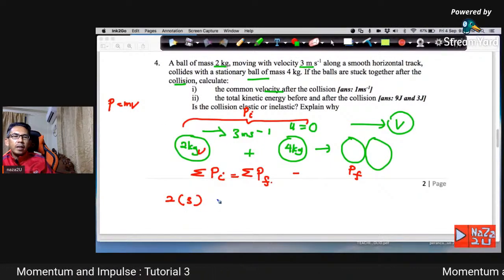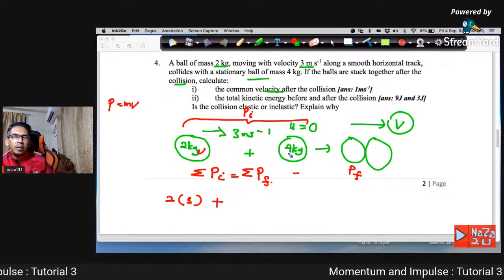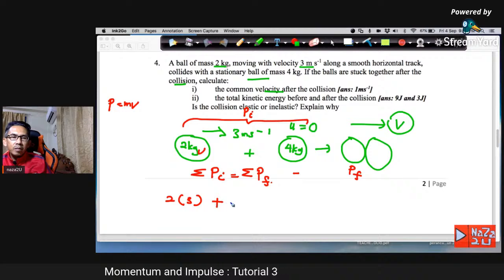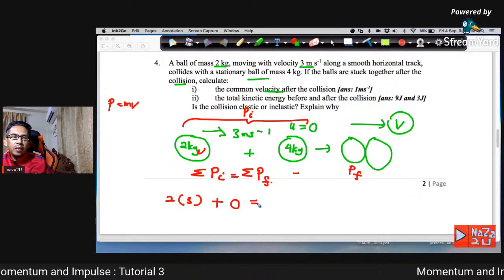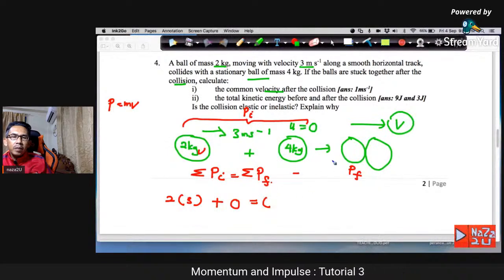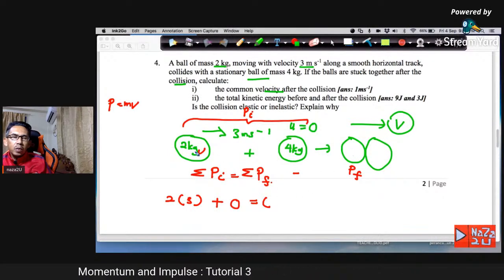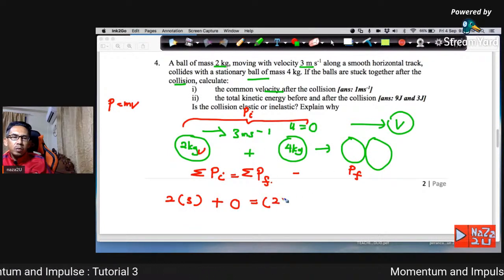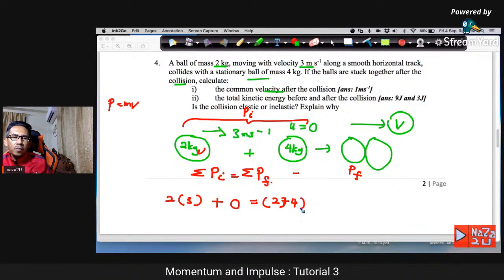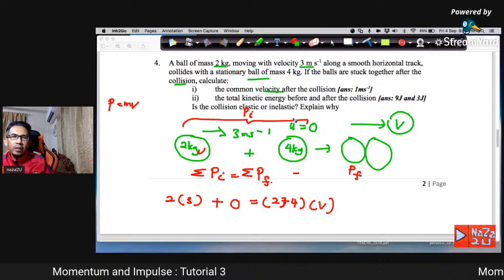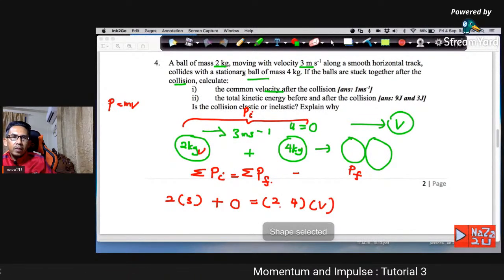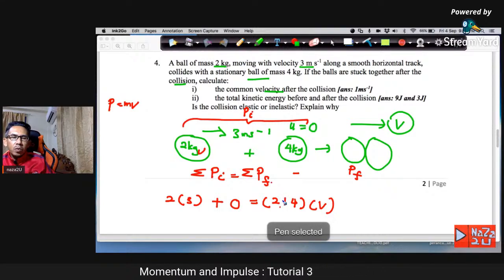Plus, because the 4 kilogram object is stationary, it has 0 momentum. After collision the objects stick together, so we have a mass 2 kilogram plus 4 kilogram, 2 plus 4, times v.